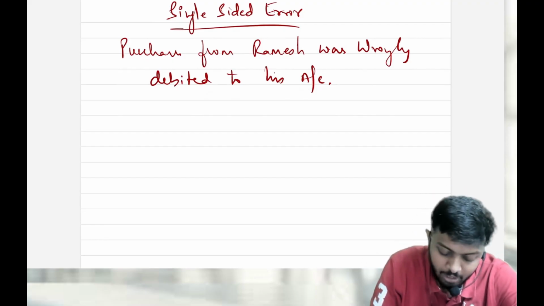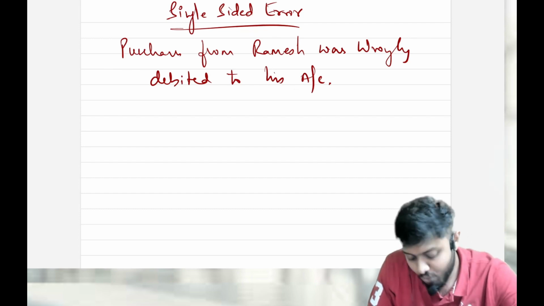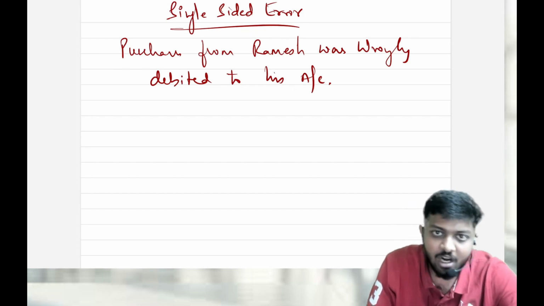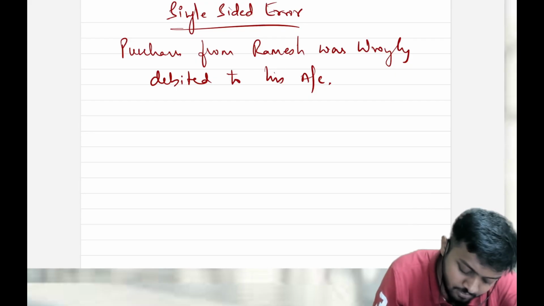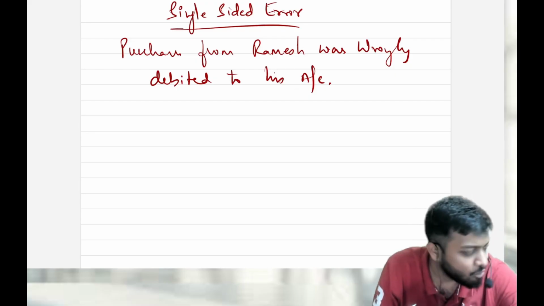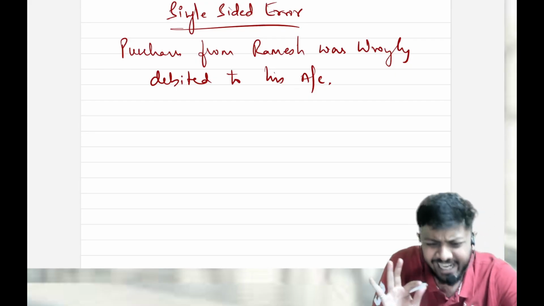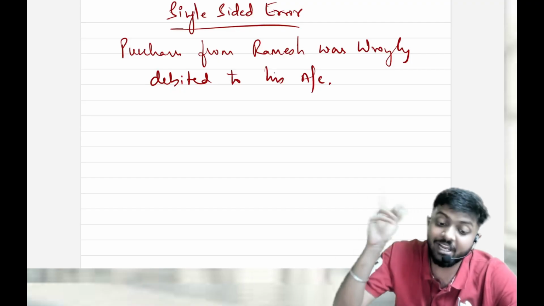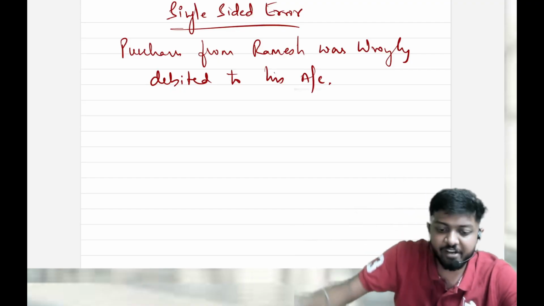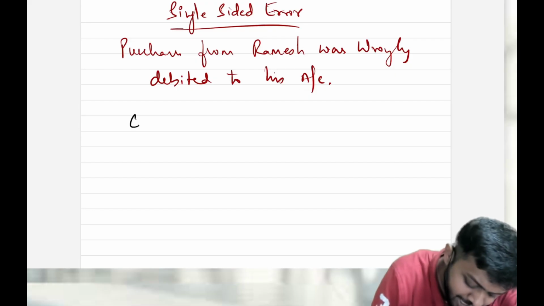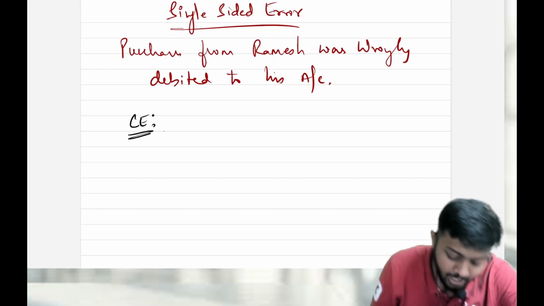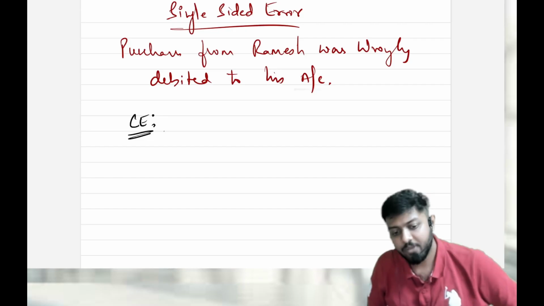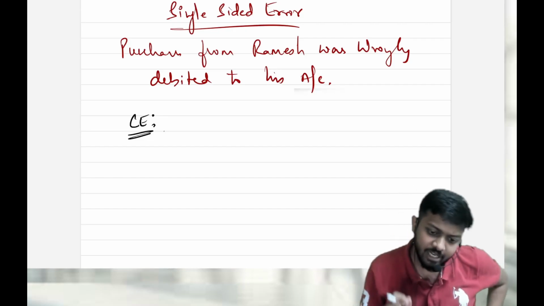Now see, purchases from Ramesh was wrongly debited to his account. Now you know how we approach this. First I'll give a normal rectification entry, then I will give what to do if the errors are identified at different stages. First, what is the correct entry? For purchases from Ramesh, you have a credit purchase.